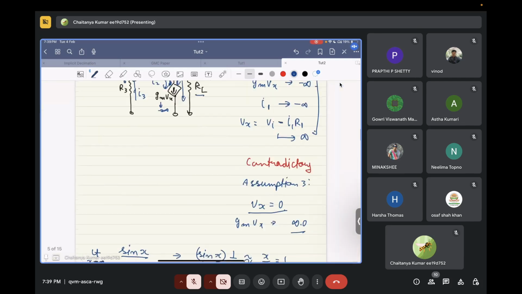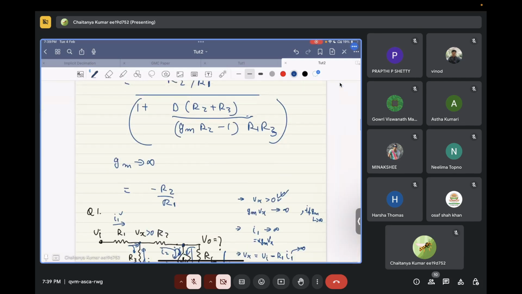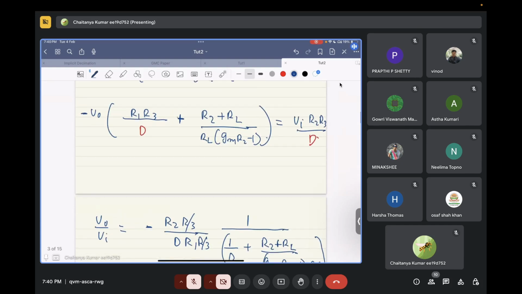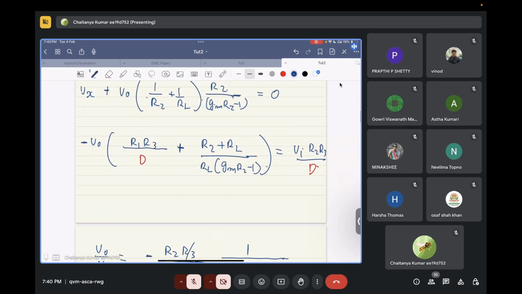So this is what you got over here, correct? V0 by Vi was minus R2 divided by R1. Is this clear? That means our assumption of Vx equal to 0 has been verified from the methodological approach as well.